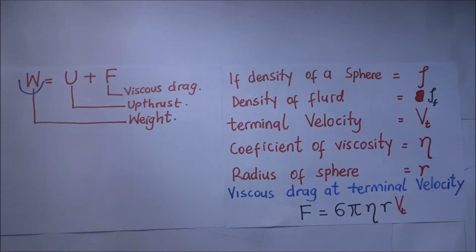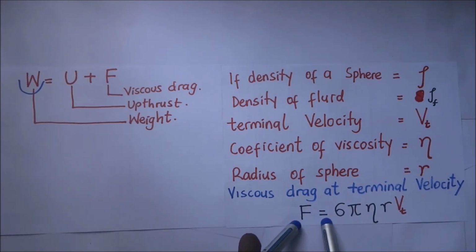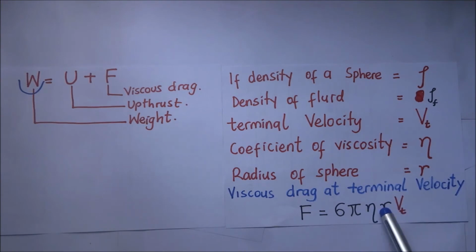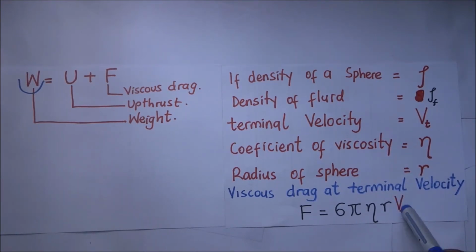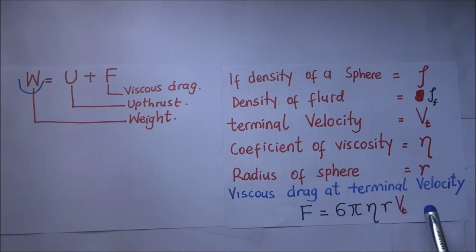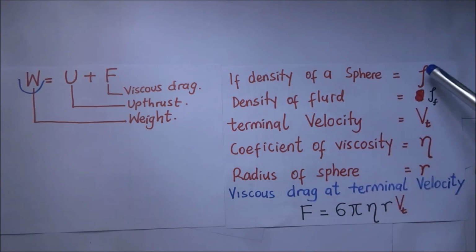The viscous drag at terminal velocity is given by 6 pi times the coefficient of viscosity times the radius times the velocity. The velocity in this case, we have denoted as V subscript T, and V subscript T stands for the terminal velocity because the ball is falling at terminal velocity. So that is the viscous drag. This is the expression. And the other thing that we need to know is that the density of the sphere is denoted by rho.